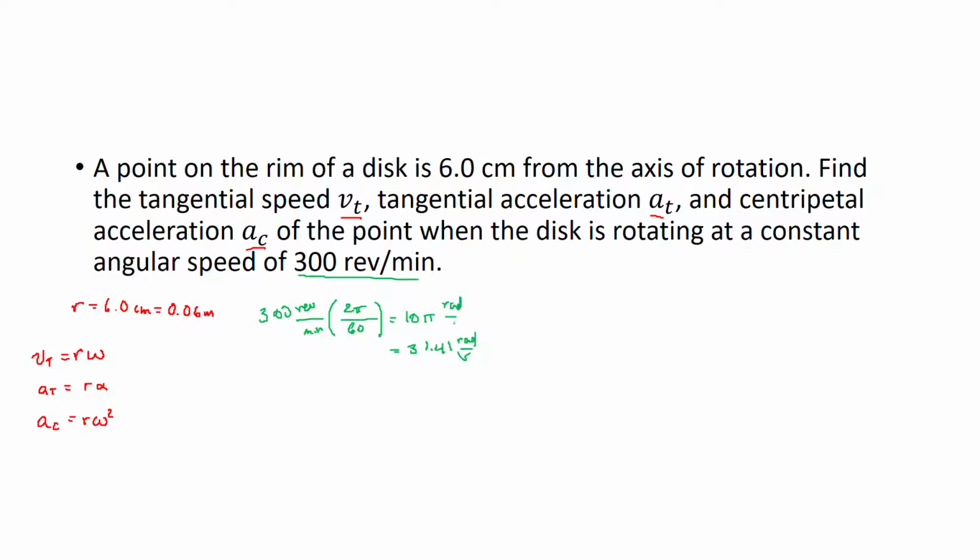Okay, so from here I'm just going to start with the velocity. I'm just going to write the tangential velocity. It's equal to the radius, I just wrote it here, 0.06 times 10 pi. And the result is going to be 3/5 of pi. Whoa, something's wrong here with my tablet.